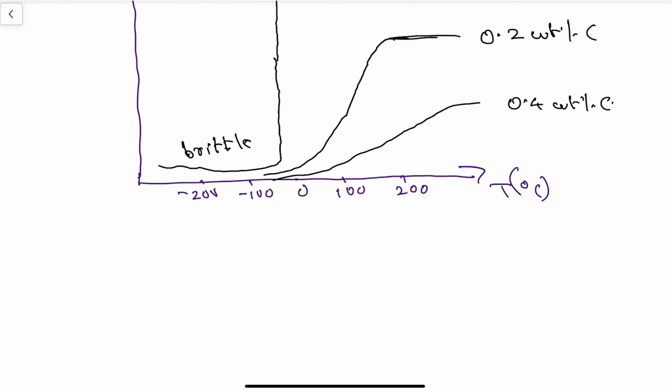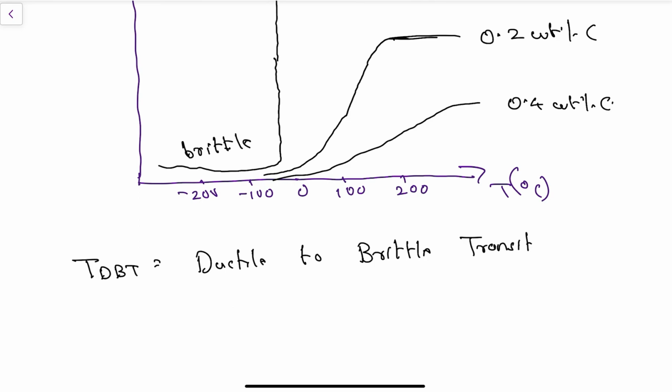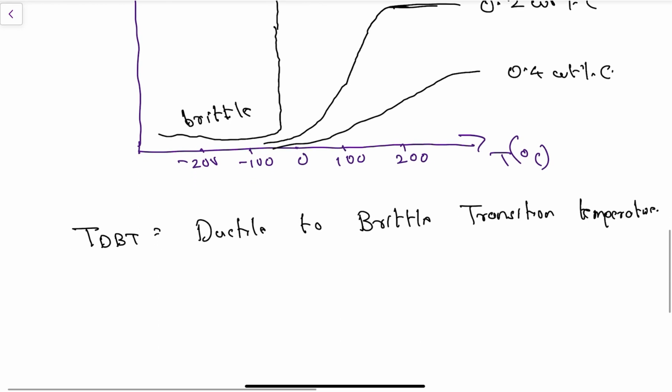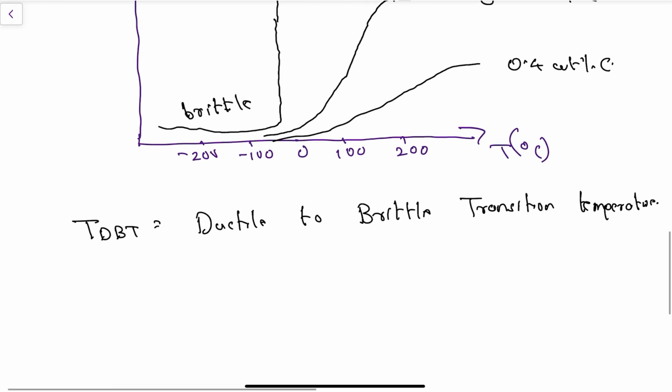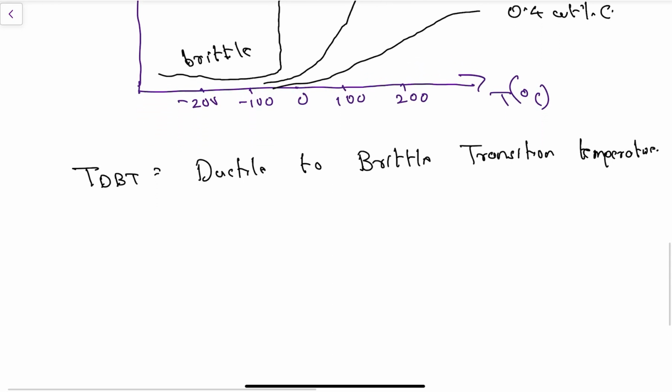The temperature at which this transition occurs is the ductile to brittle transition temperature, or DBTT. So the temperature at which the material changes from ductile to brittle is called the ductile to brittle transition temperature.